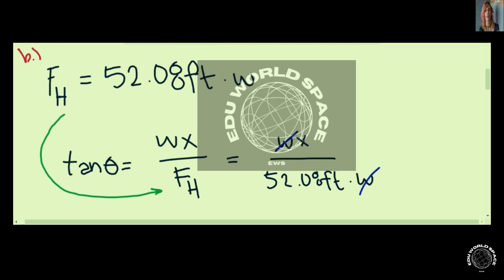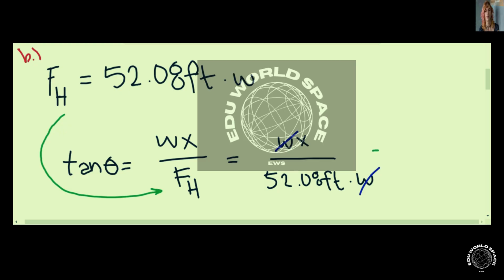I also forgot to mention that we are going to evaluate this at x equals 25. Why are we evaluating it at x equals 25? Again, because our origin is at the center of the cable and we're measuring from that point to the far end of the cable, which is 25 feet.